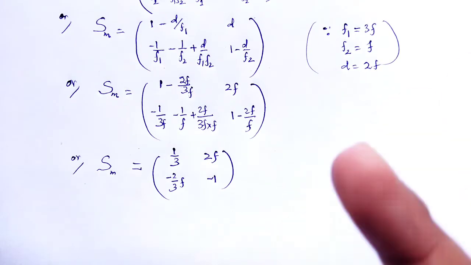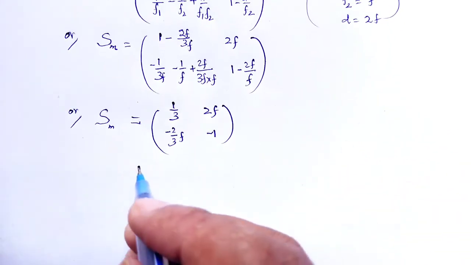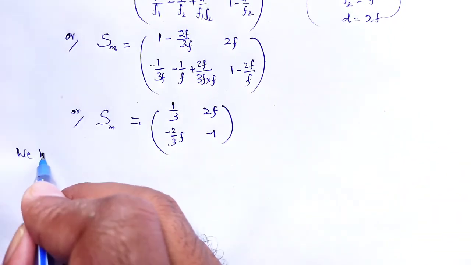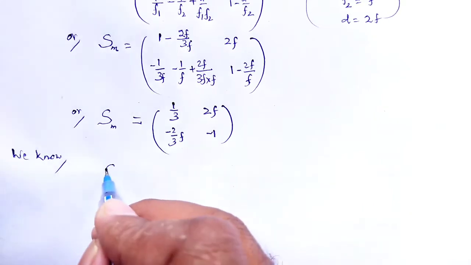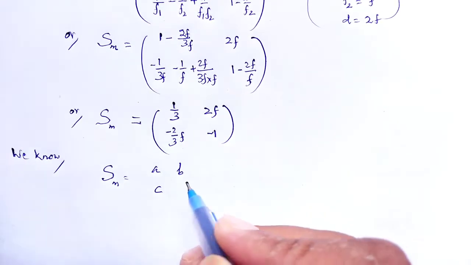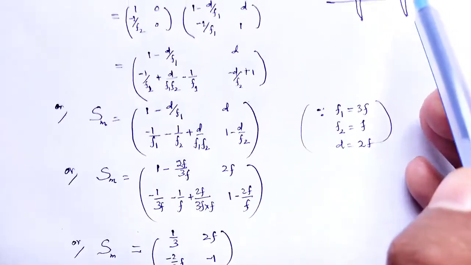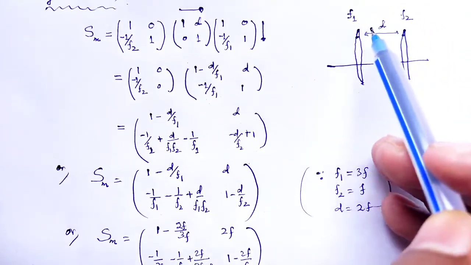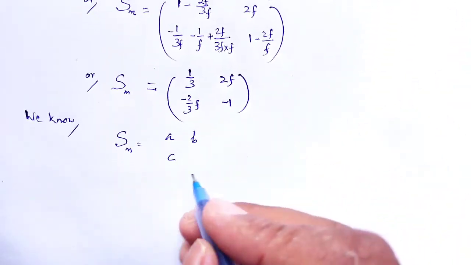Now we compare it to the system matrix. As you assume, we know the system matrix SM has the components A, B, C, D, but in that case we take d as the distance between these two lenses, therefore here I prefer D dash.